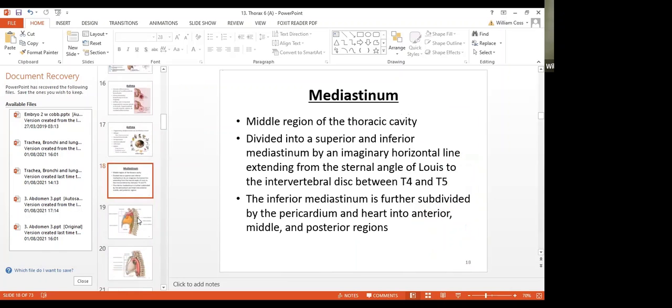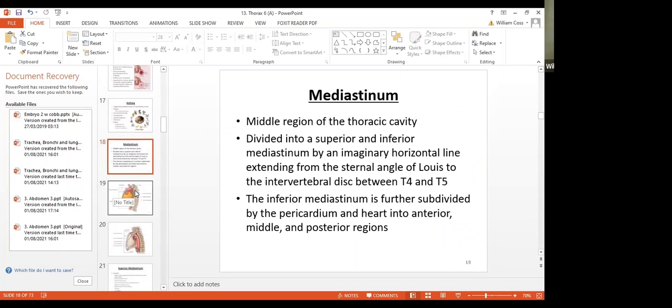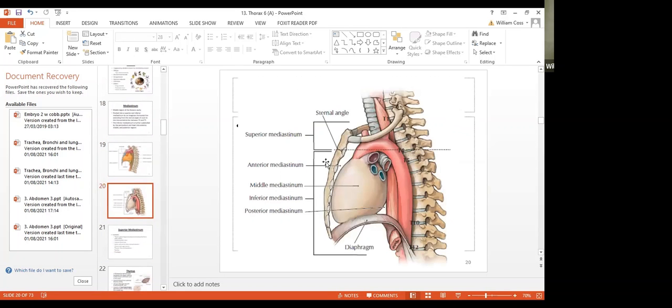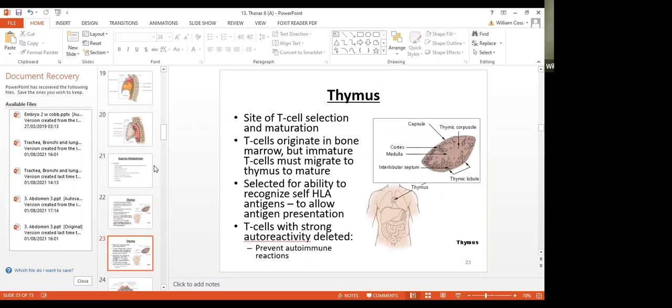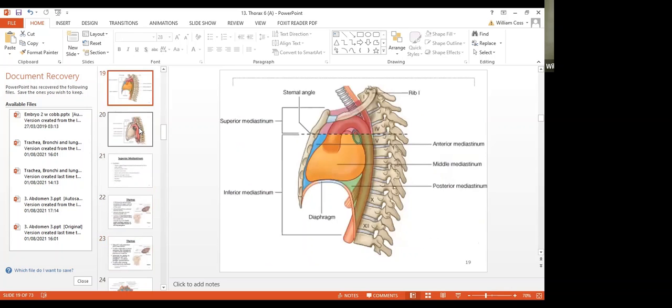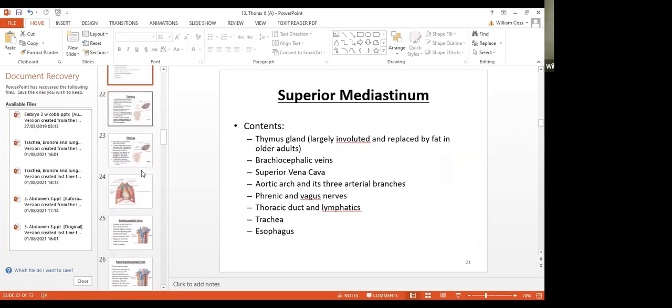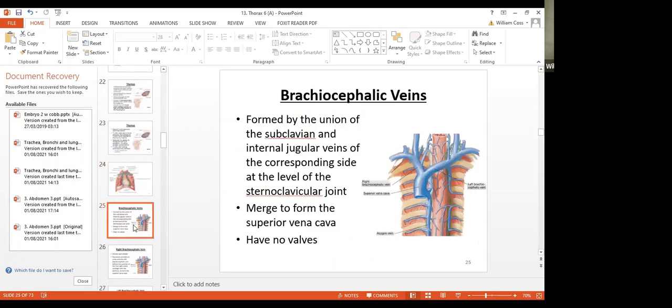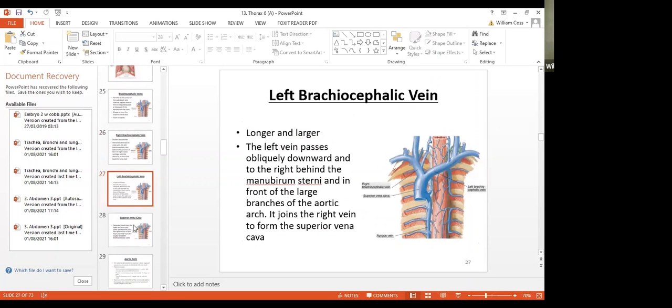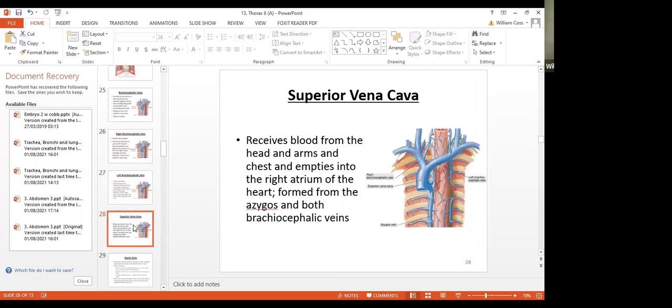The major part of today was to look at the different parts of the mediastinum. We linked the mediastinum into our earlier session, where we had discussed important levels such as T2, T4, T8, T9. And we looked at how the great vessels from the mediastinum communicate with the heart.